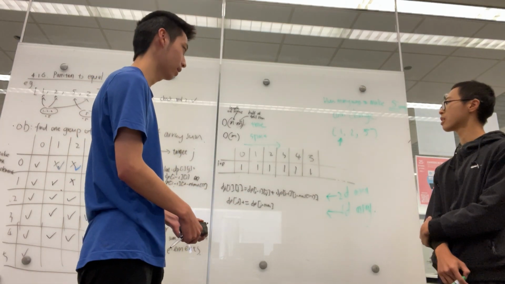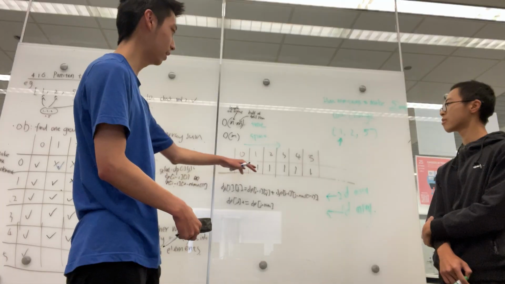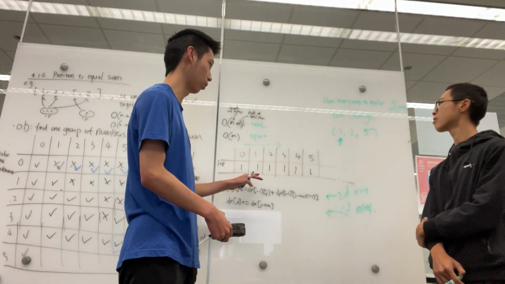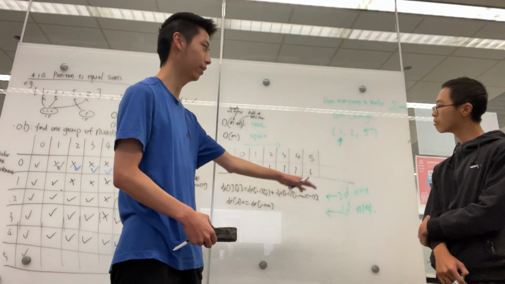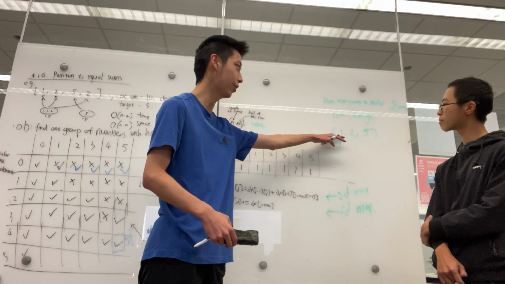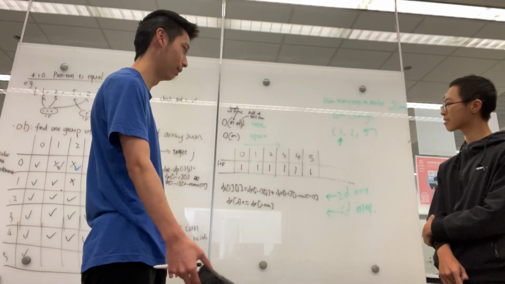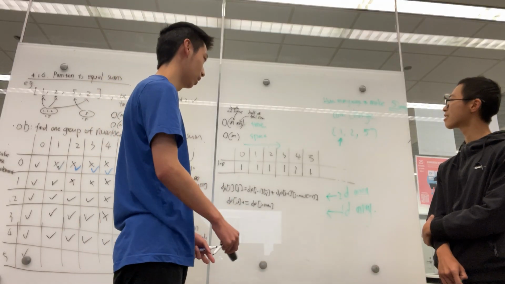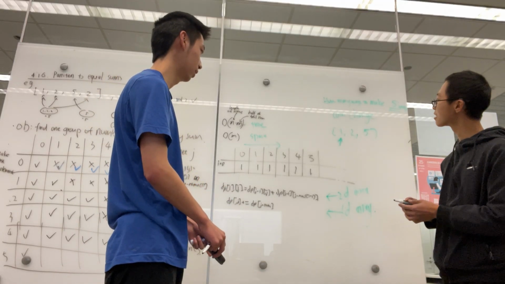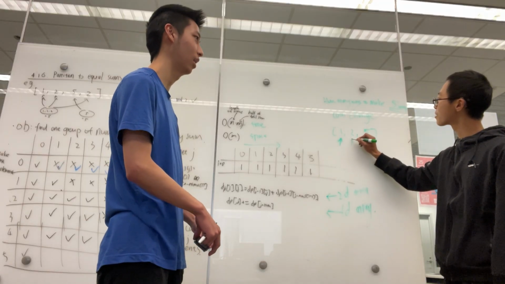That's how this array gets updated for the first iteration, when num is 1. So now let's do num equals 2.